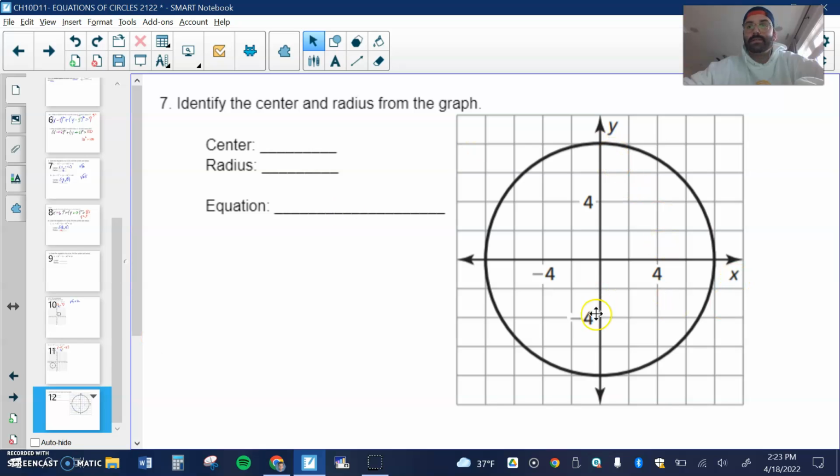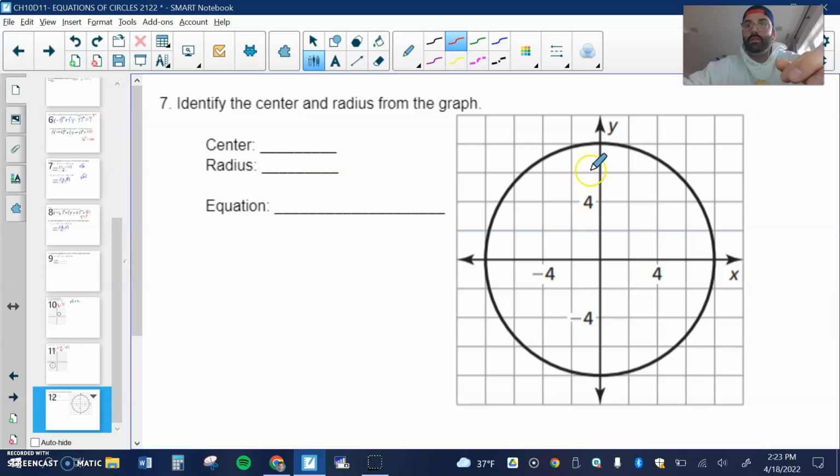This last one here, we want to identify the center and the radius from the graph. A couple of key things here. It looks like our center is at the origin. I don't know if you guys can tell that. But 1, 2, 3, 4, 1, 2, 3, 4, 1, 2, 3, 4.